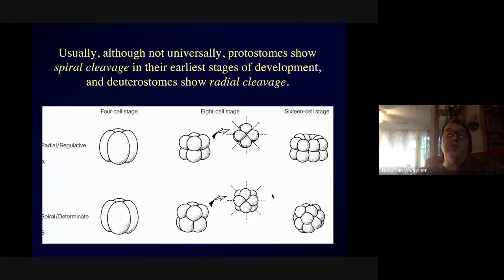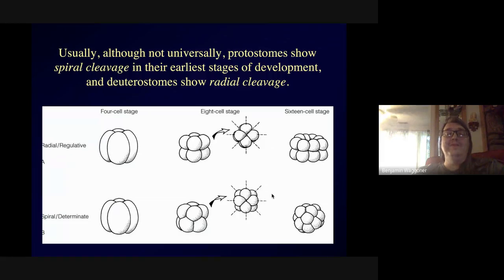So you have 4 cells that make up a tetrad, a group of 4. And then the third cell division is at right angles to both of them. So you end up with an embryo that has 2 quartets, 4 cells sitting on top of 4 cells. You can think of it that way.